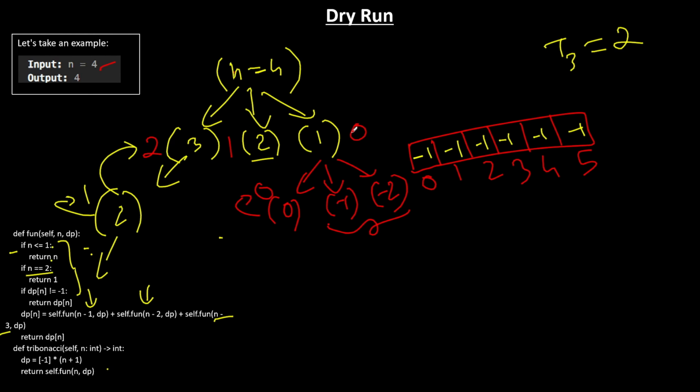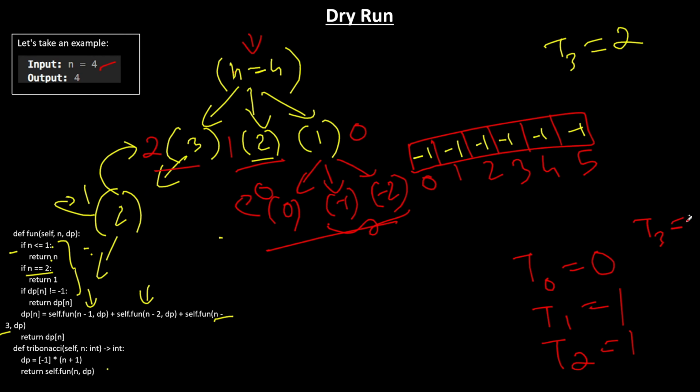Now for n equals 4, recursion will go back. If you remember, if t is 0, it returns 0 definitely. If t is 1, it returns 1. If t is 2, it returns 1. So here we got 1, here we got 2, which is correct.